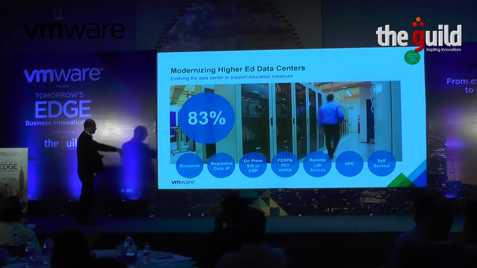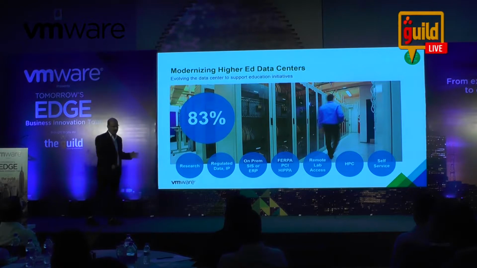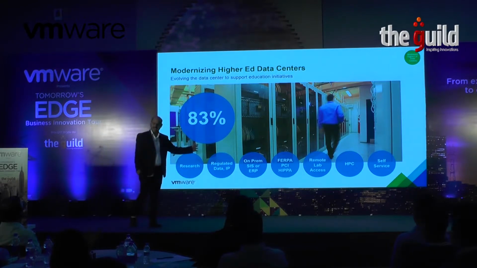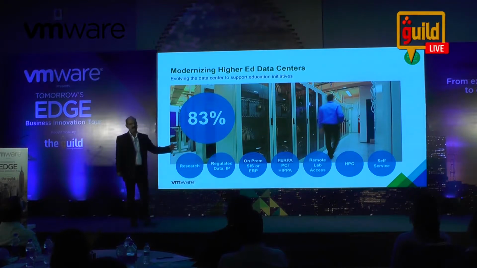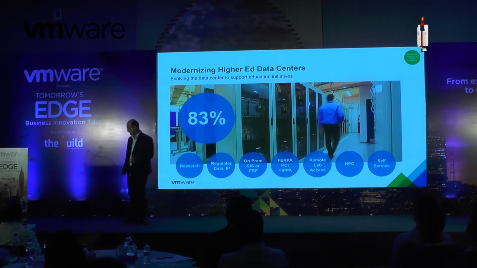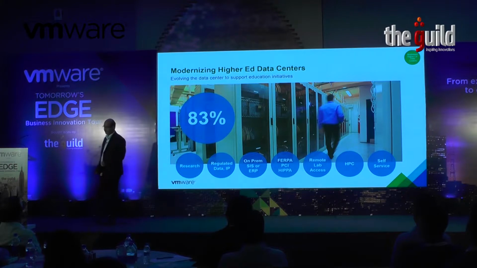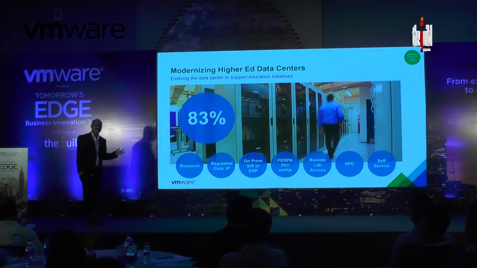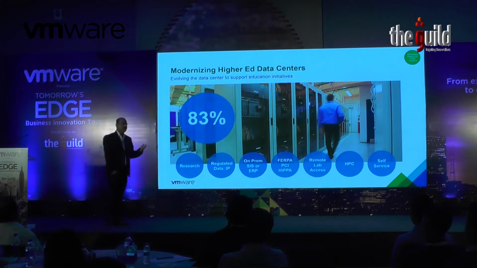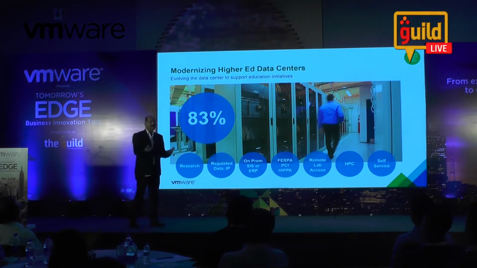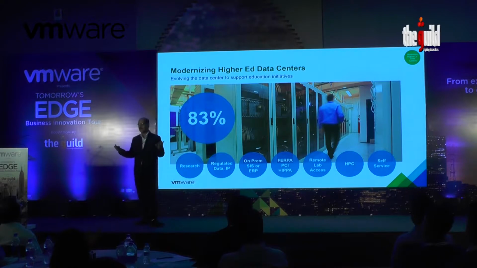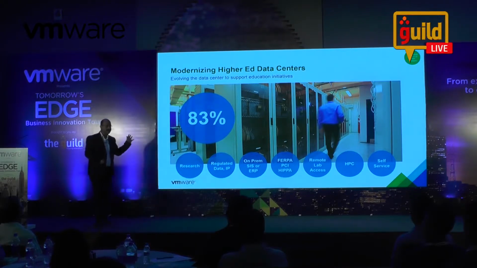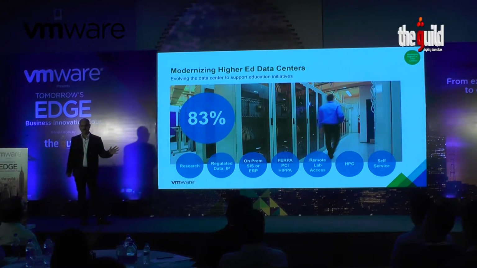If you look at this lower bubble, I'm sure you will agree that most universities have this infrastructure. You will have a remote lab infrastructure, you will have HPC infrastructure, you will have applications, whether it is an SIS-based application, which is the Student Information System, or any kind of application through which you are managing your university. These applications will continue to grow in your university.